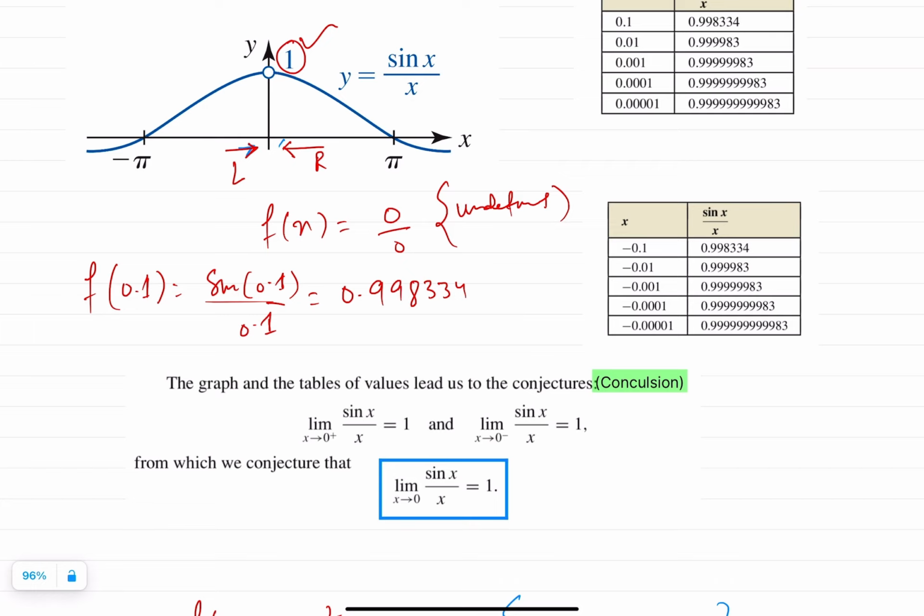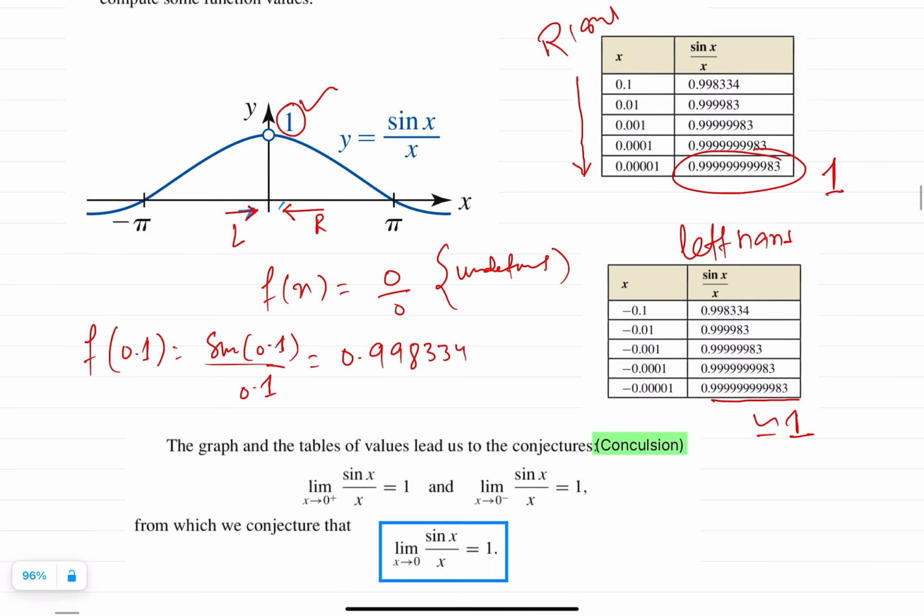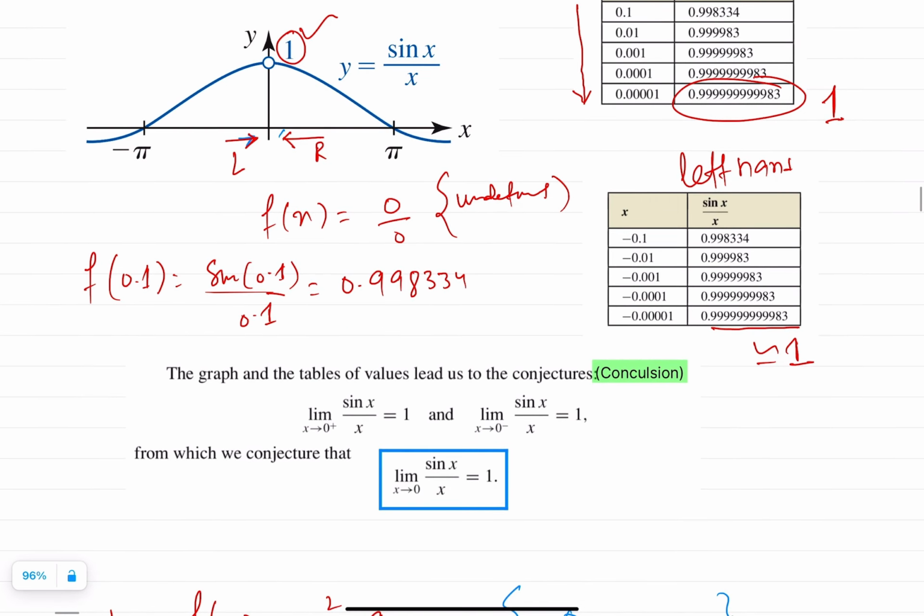Similarly, as you approach 0 closer and closer from the left hand side, we get a value that's getting closer and closer to 1. As you approach from the right hand side, we also get a value getting closer and closer to 1.